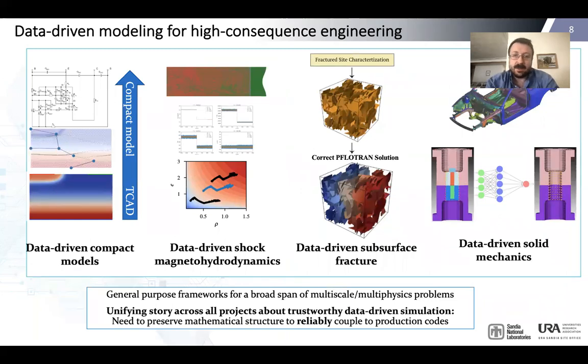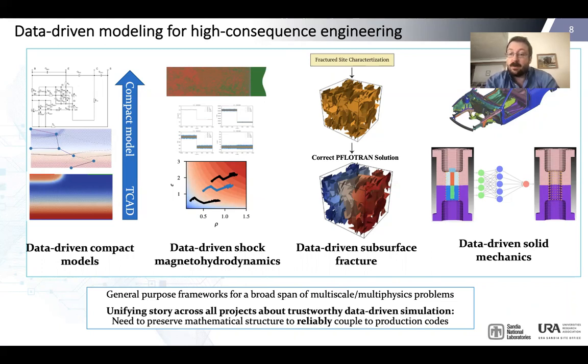And so in the process of doing this, we've considered a wide range of physics and different applications. I'm not going to talk about all these today, but things like data-driven semiconductor models, shock magnetohydrodynamics for the pulsed-power fusion devices at Sandia, subsurface models, solid mechanics, and so on. So for all of these, there's this common thread, which is that if you'd like to perform high consequence engineering, right, like the kinds of things we do at Sandia, you need to develop trust in the sense that these data-driven models need to be predictive.